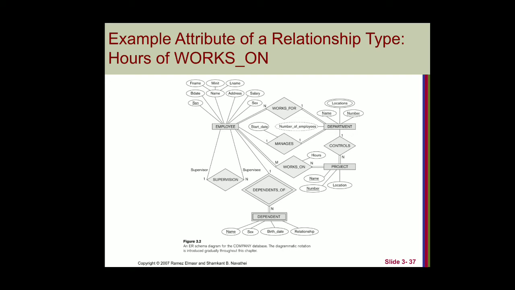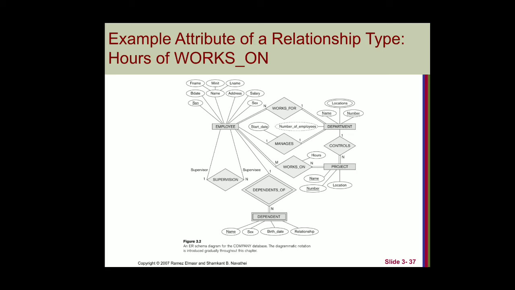But if we consider manages, there we have a start date, right? Then what we can do is shift this manages start date to either the employee or the department, because it is a 1:1 ratio. If I shift this start date to the employee table, it means that when a particular employee started working as a manager, that date will be recorded in the employee table.